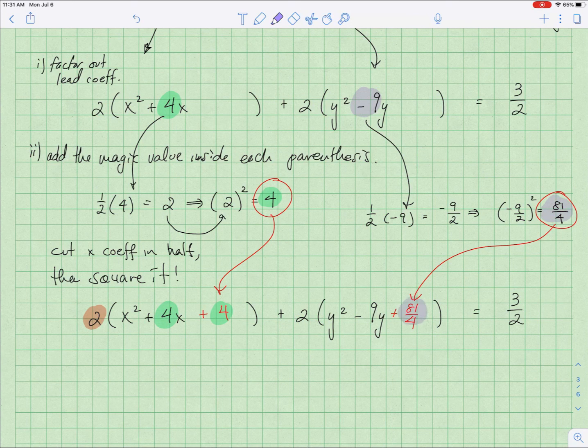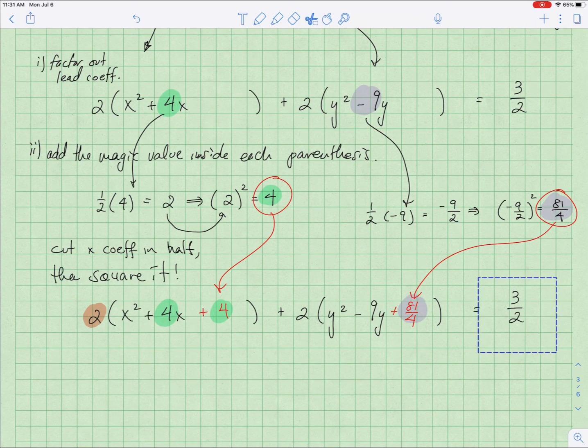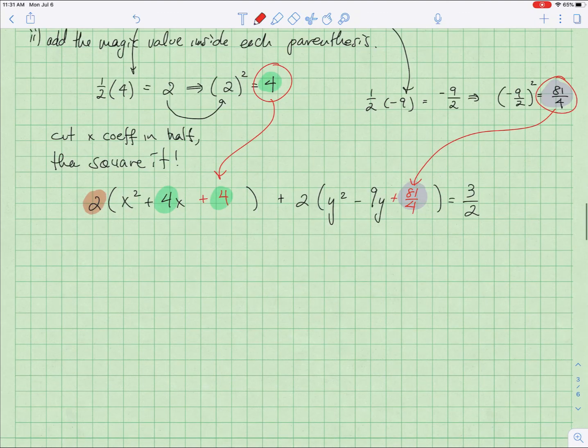Now, the kicker is this. In order to keep this equation balanced, we have to add the same thing to both sides. So let me move this over a little bit so I have some more room. Don't forget to balance the equation.